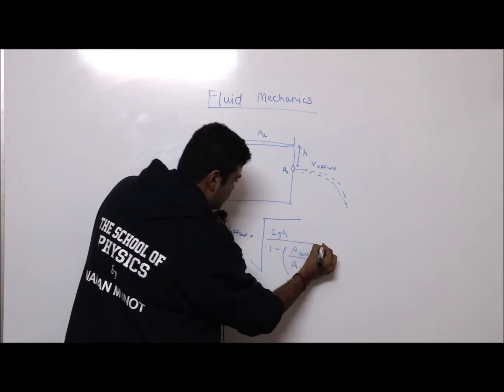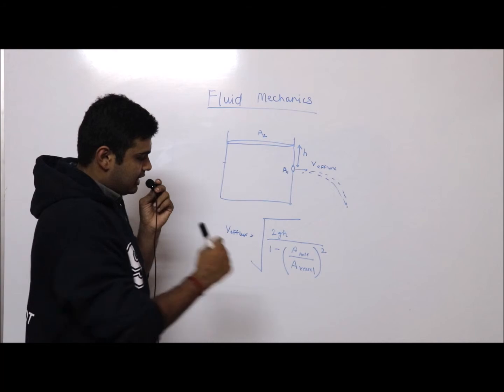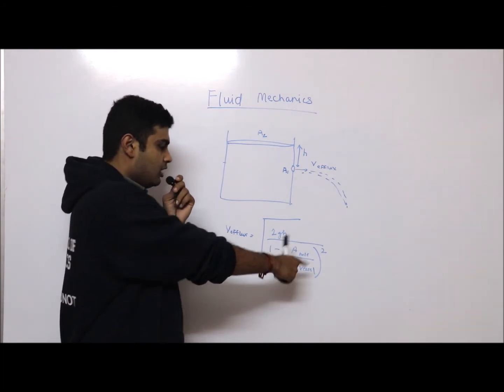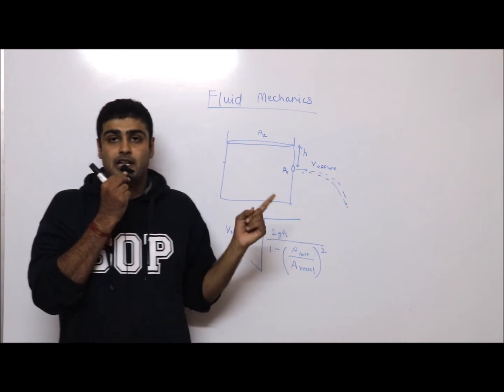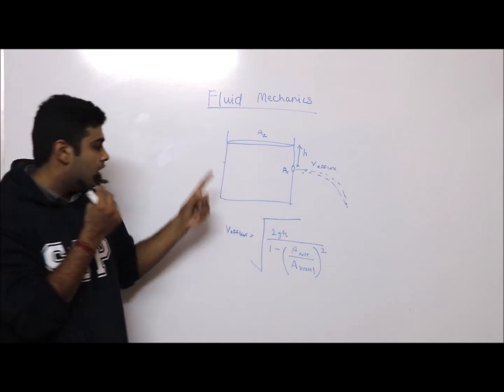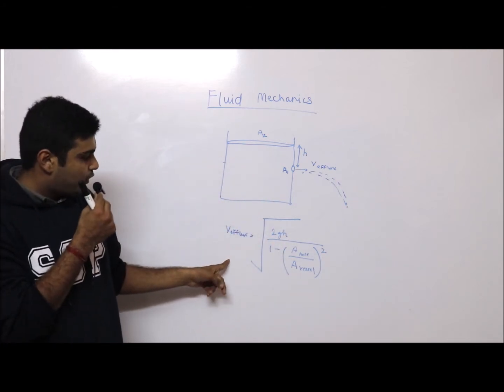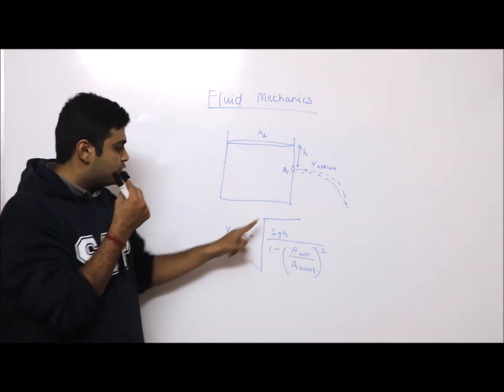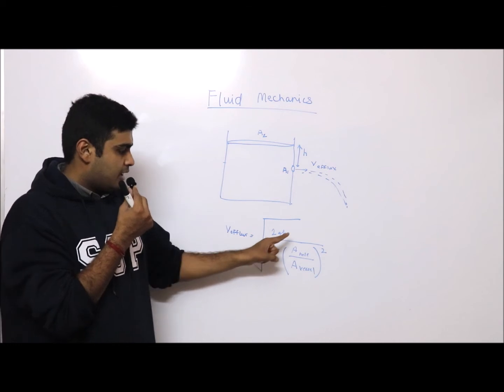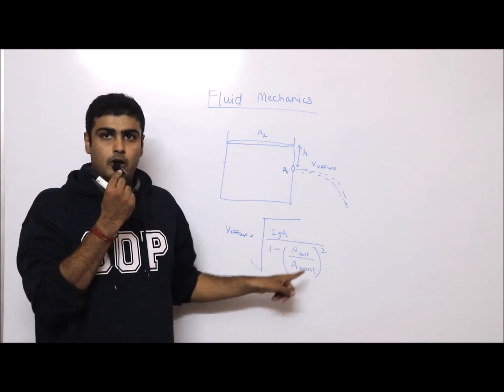In most cases the area of the hole will be very less than the area of the vessel, so this cuts out. But sometimes they also give a comparison between the area of the hole and the area of the vessel. In that case we have to use this formula: velocity of efflux is equal to under root 2 gh upon 1 minus (area of hole upon area of vessel) whole square.